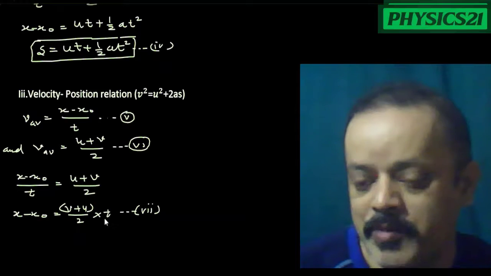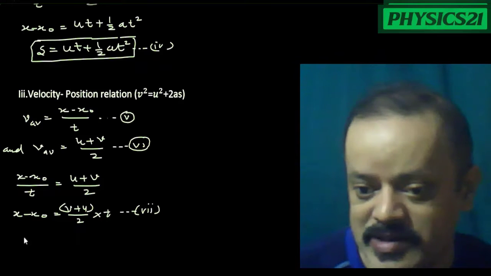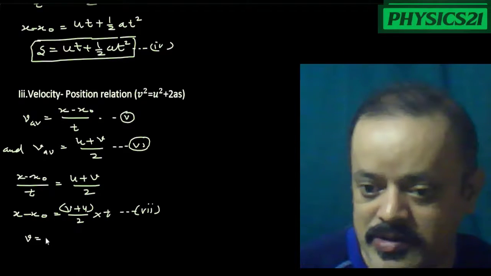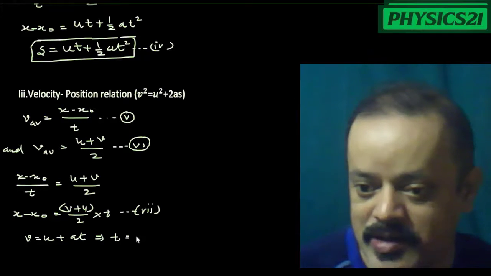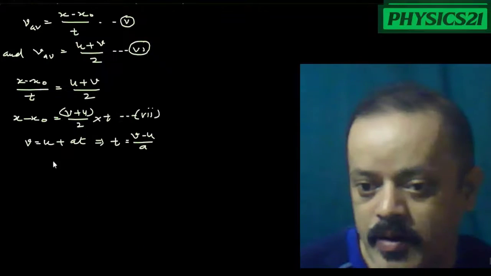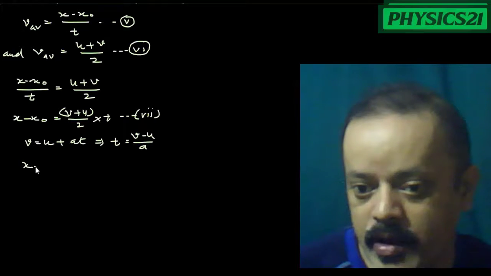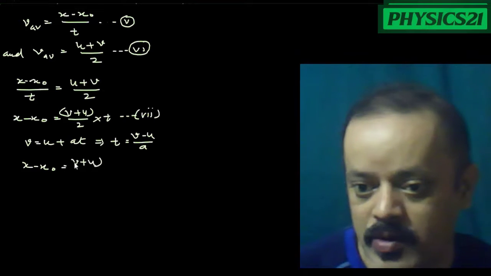Now we will substitute the value of t from the first equation of motion. As the first equation of motion is v equals u plus at, as we simplify, we get t equals v minus u divided by a. So we substitute this value in equation 7. We get x minus x naught equals v plus u divided by 2 multiplied by v minus u divided by a.